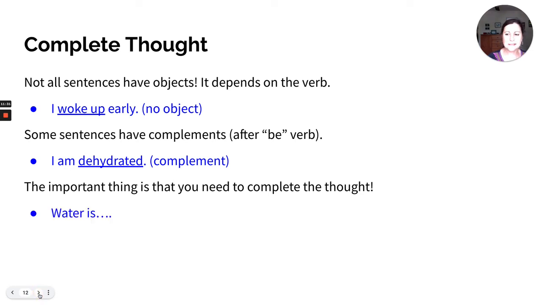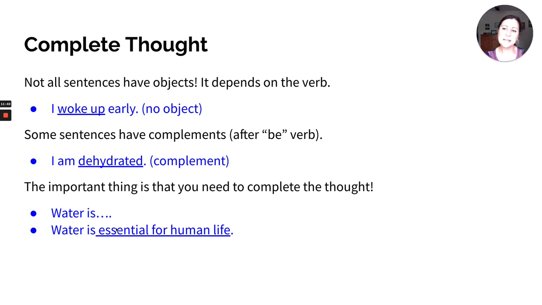Water is, I have a subject, I have a verb, but I didn't finish my thought. I need to have a complete thought. It might be an object, it might be a complement, it could be a prepositional phrase or an adverb. Water is essential for human life. Here I have a complement, but I finished that thought.